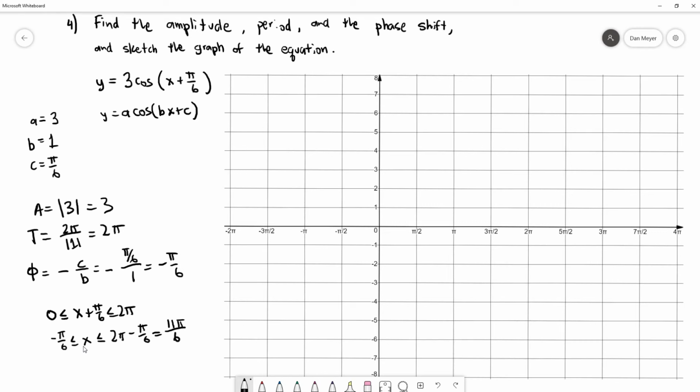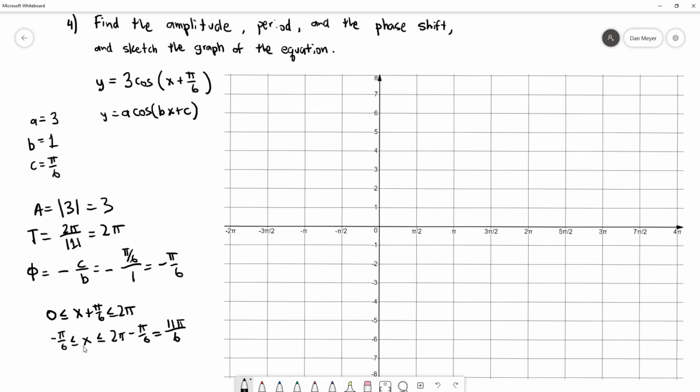Yeah, I think this phase shift is one of these things where, depending on who the teacher is or what textbook you have, they might have different definitions for the phase shift. Like there might be some textbooks or some teachers that tell you that the phase shift is the interval where you graph one cycle.